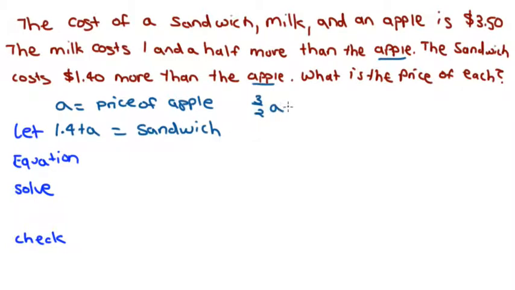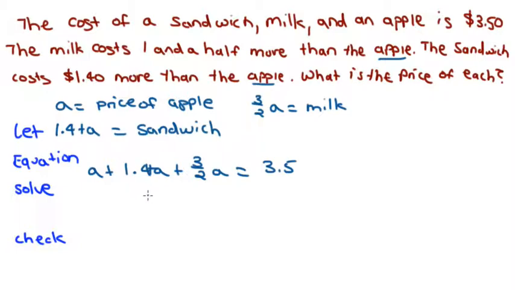So 3/2 A is equal to milk. So let's write an equation. So A plus 1.4 plus A plus 3 over 2A is equal to 3.5.